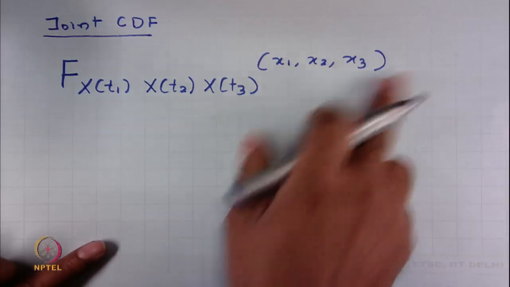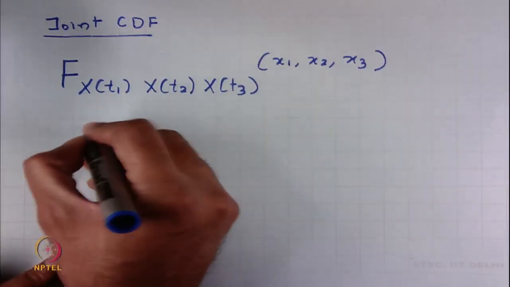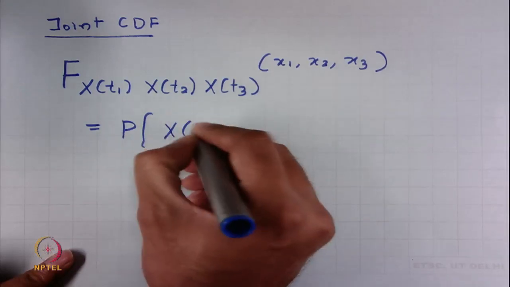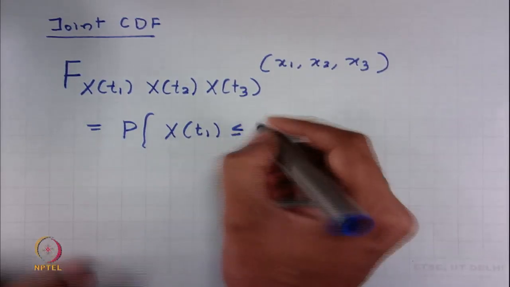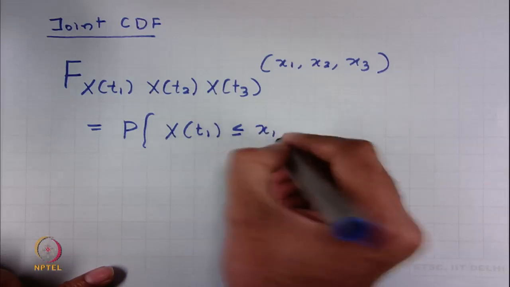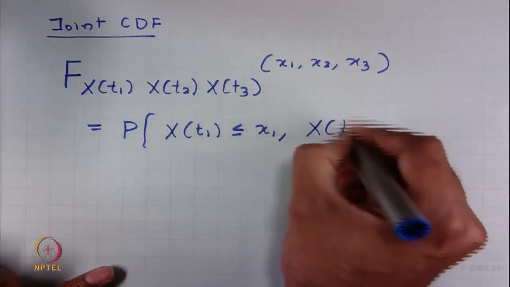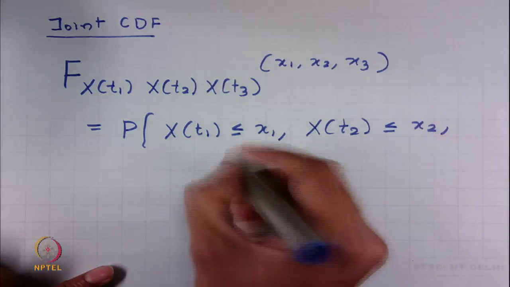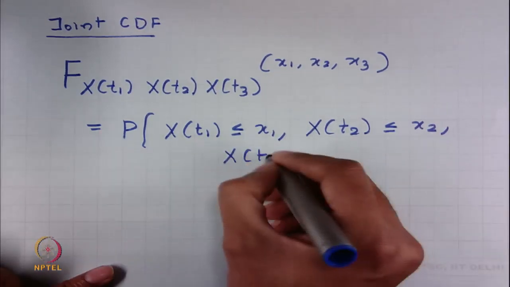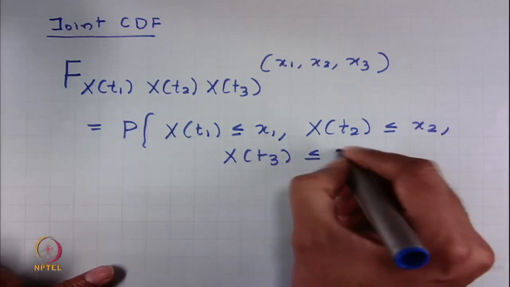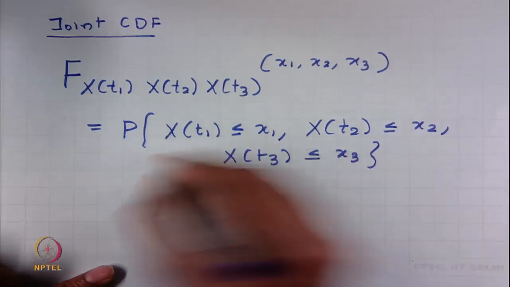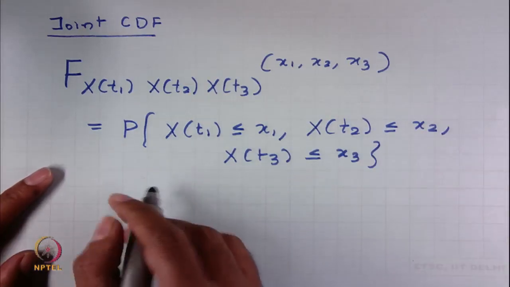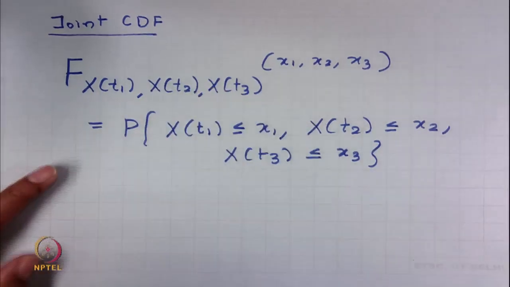It tells me the probability that the random variable X(t1) takes a value less than or equal to x1, the probability that the random variable X(t2) takes a value less than or equal to x2, and the probability that the random variable X(t3) takes a value less than or equal to x3. And we want all these things to happen at the same time. Okay. I can also put a comma here.